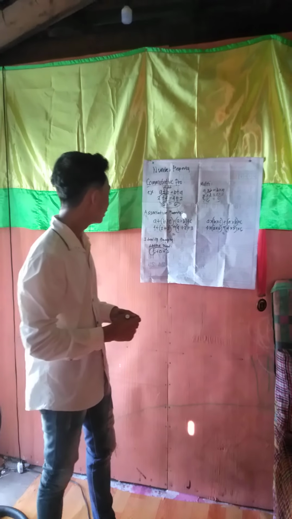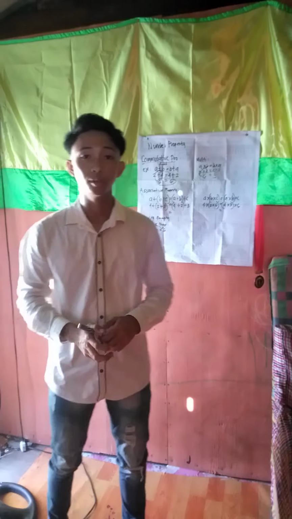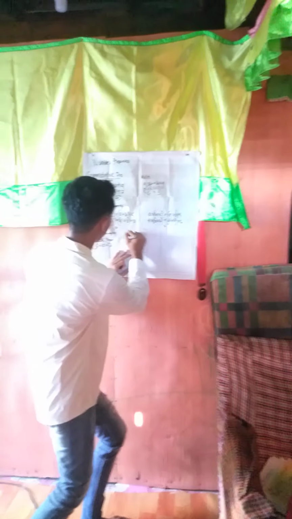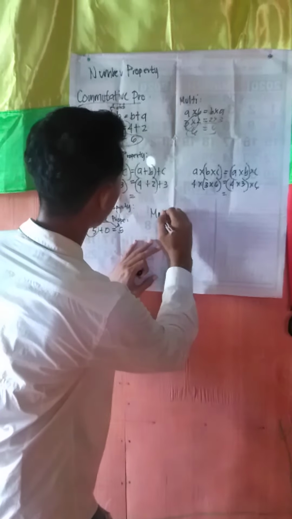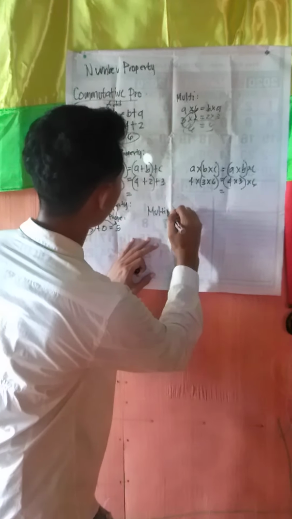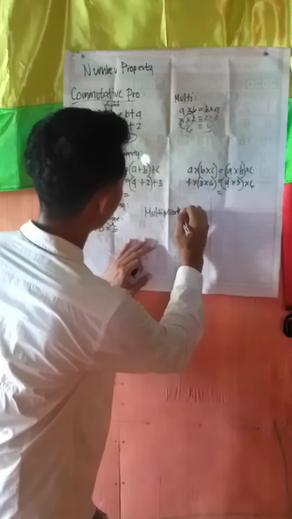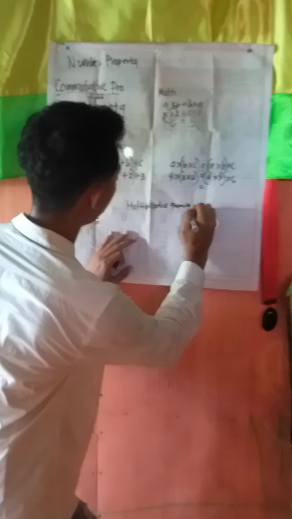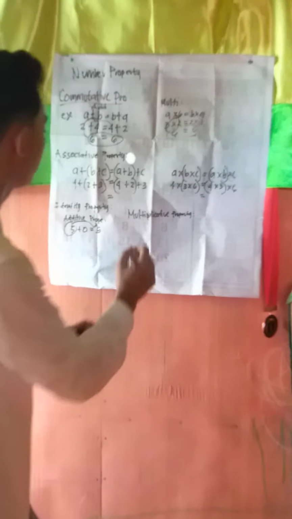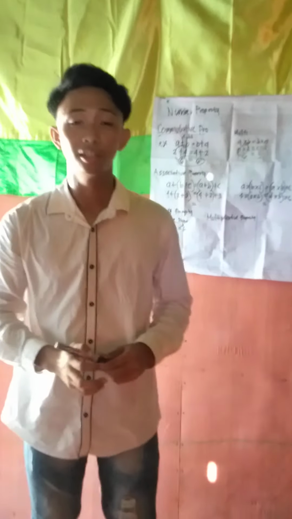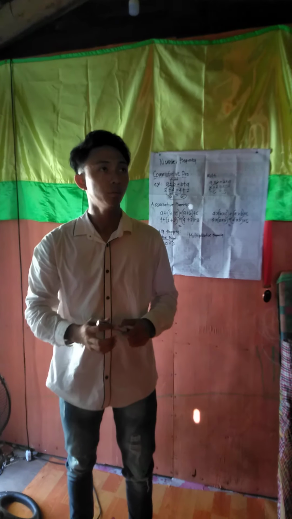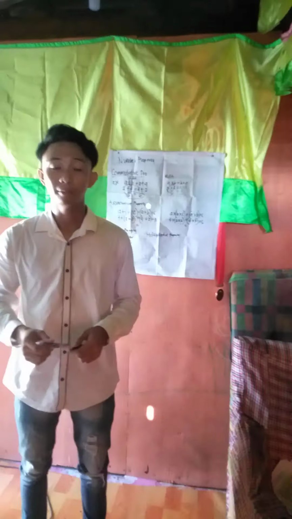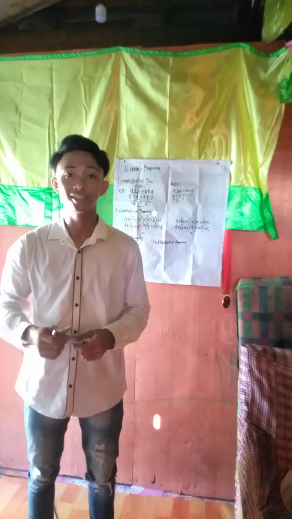And now, the second type of identity property is the multiplicative identity property. The multiplicative identity is a number by which you multiply any number and get the product as the number itself.